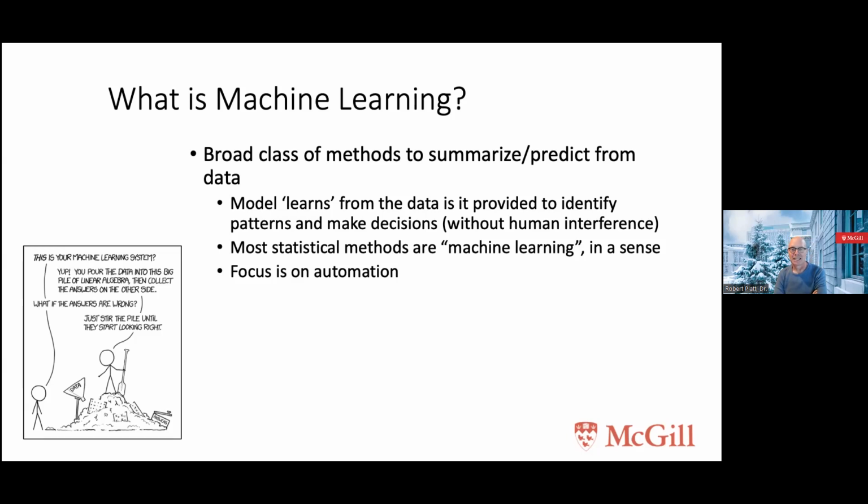So the idea there is you've got this enormous data set, you've got this algorithm that may be changing itself on the fly to give the best prediction of whether a particular transaction is fraudulent or not.